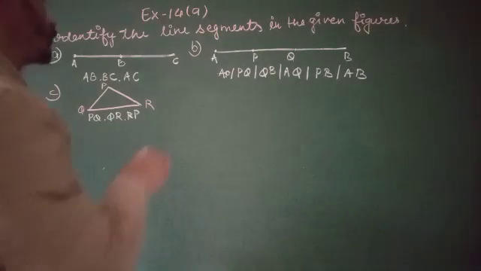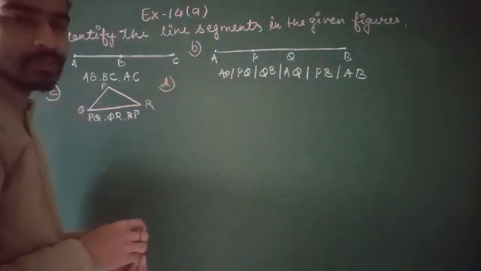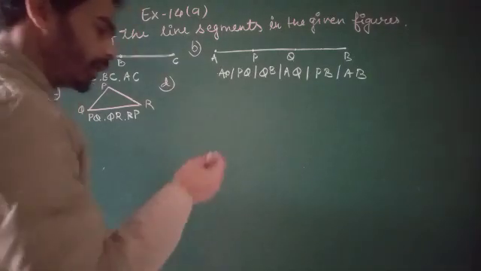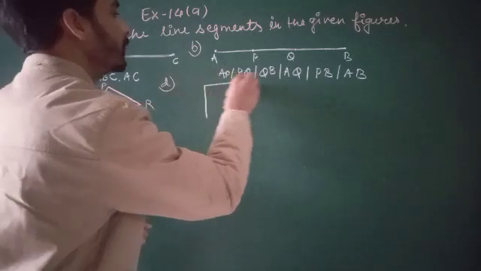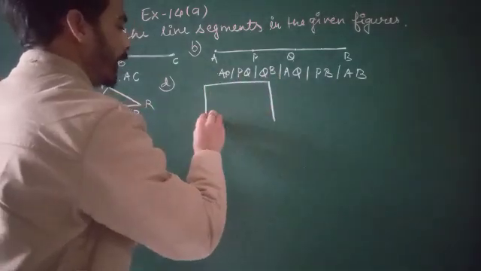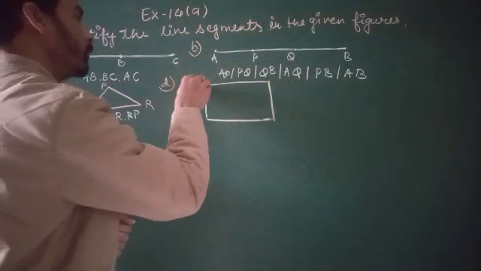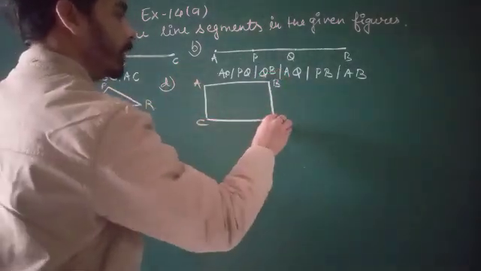Now the next question is question number D. There is a rectangle, and this rectangle is named ABCD.